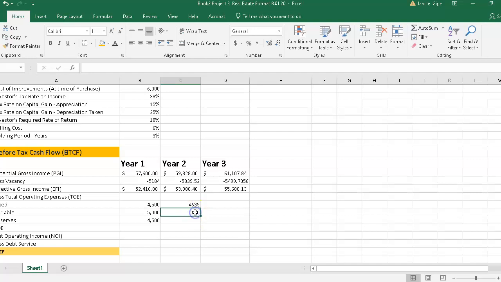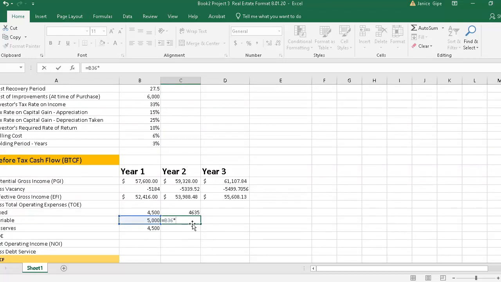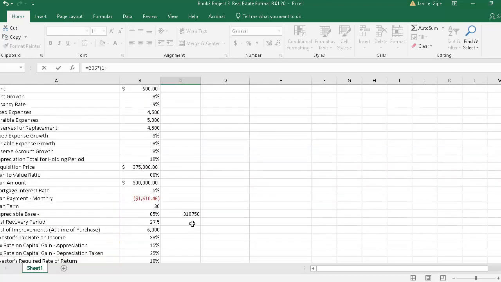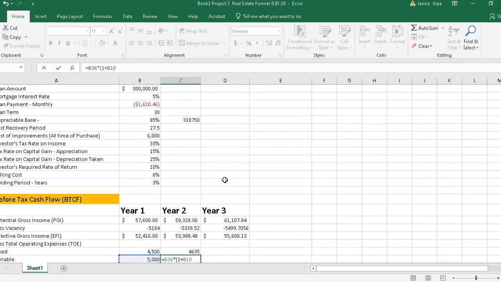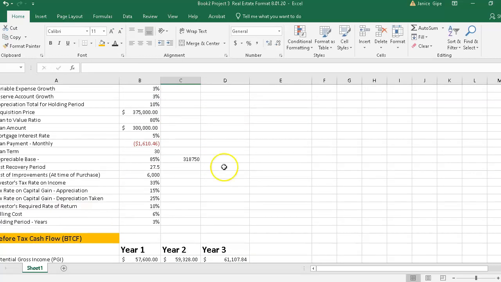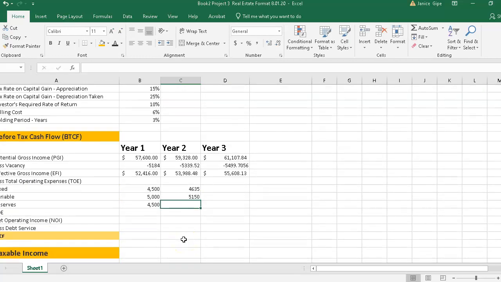And then we do the same thing with the variable: it equals the 5,000 times 1 plus the 3% for variable, and then close parentheses. So that would increase the 5,000 to 5,150 the second year.